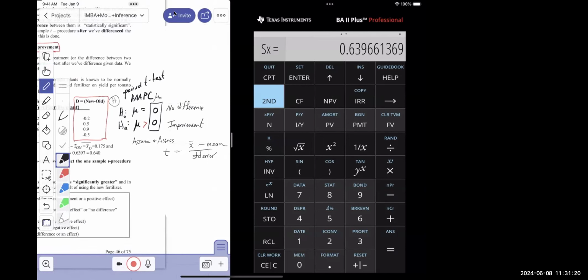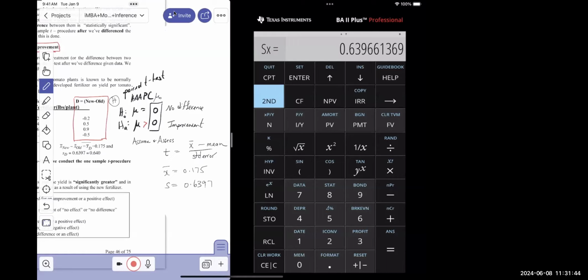So X bar is equal to 0.175, and S is equal to 0.6397.